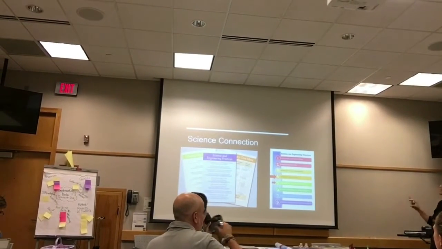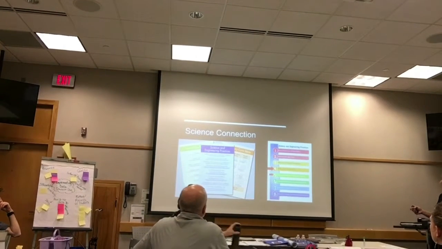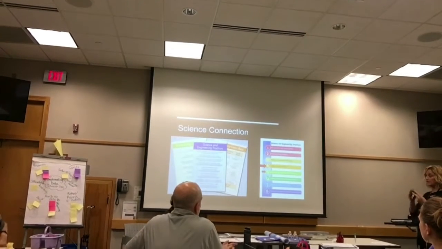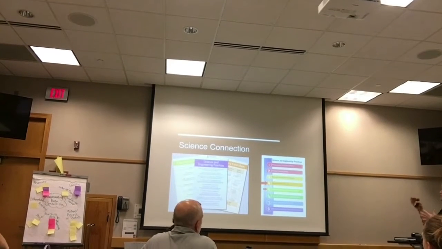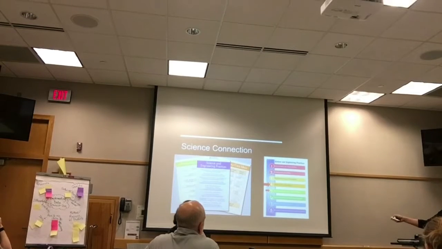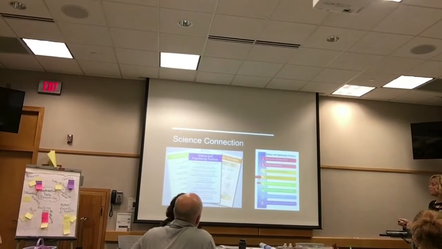For those of you who are science teachers, hopefully you are familiar with our 3 dimensions within our new science standards. Math has 2-dimensional learning, right? The practices and the content. In science, we have 3 dimensions: practices, content, and our content is in 2 different forms. Our science and engineering practices are similar to our math practices.